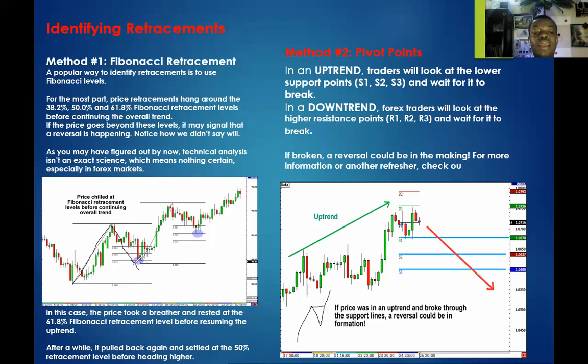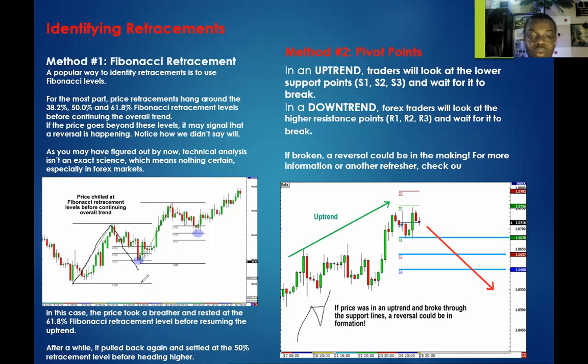Okay, so after a while, it pulled back again and settled at 50. You see, when we say retracement, the language on this slide is confusing so many people. It retraced to 50. Instead of writing pullback, it says retrace to 50, which is here, where it pulled back.